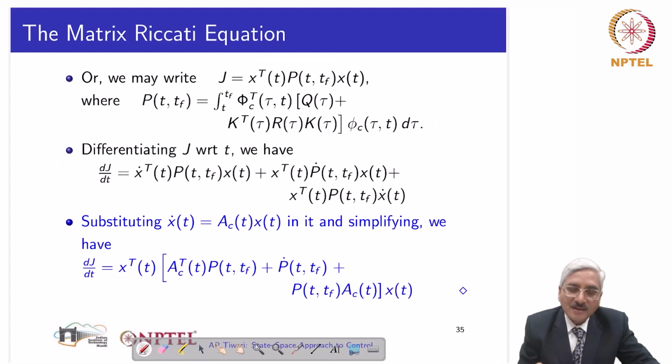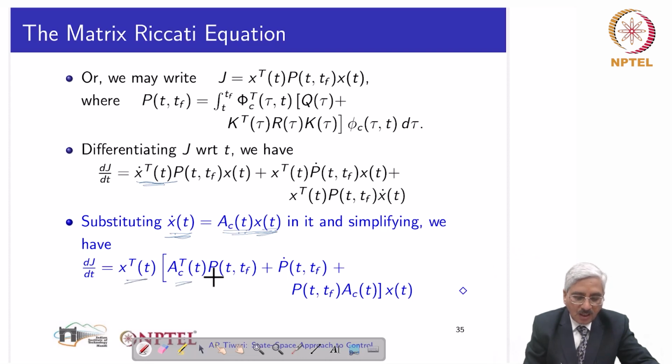And in that we substitute x dot equals A_C x, x dot(t) is A_C(t) x(t). So that substitution we make. So this x dot(t) transpose is x transpose into A_C transpose. So this is x transpose and A_C transpose, of course the P was there, and this x dot is A_C into x(t). So this x(t) is out here.